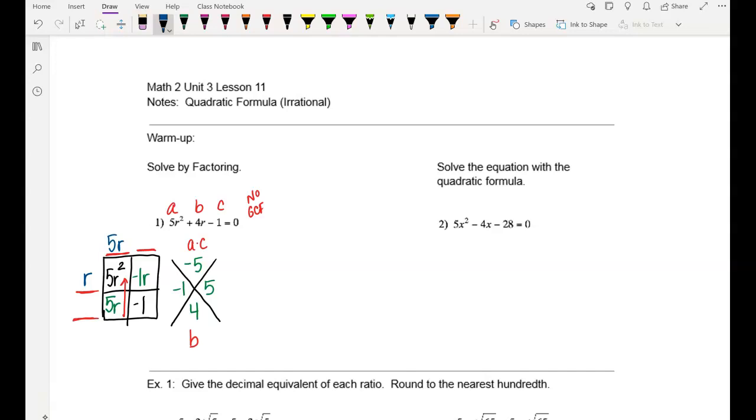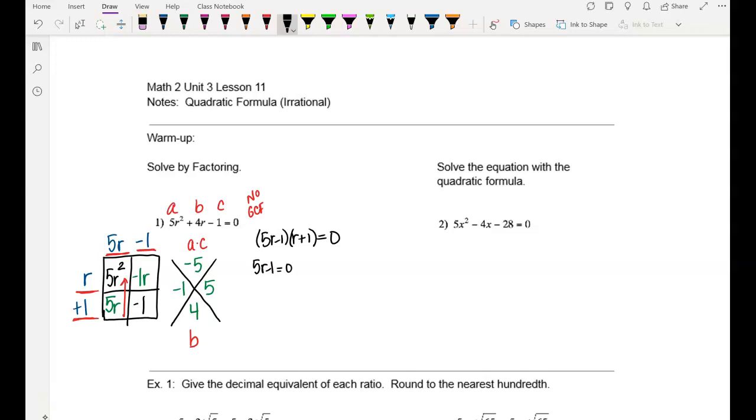To get -1r in the top right, I'd have to take that r times -1. To get 5r in the bottom left, I'd have to take 5r times +1. So 5r minus 1 times r plus 1 equals 0.